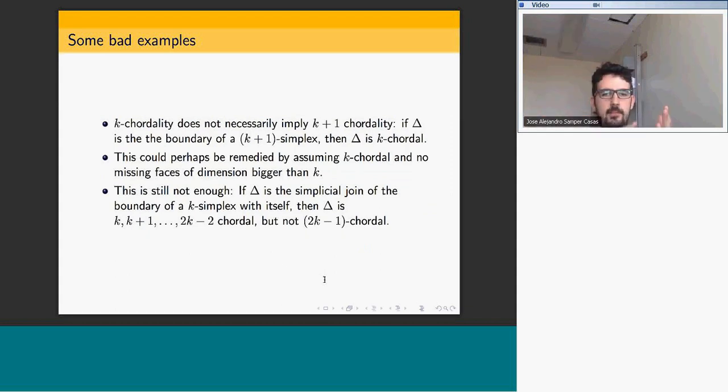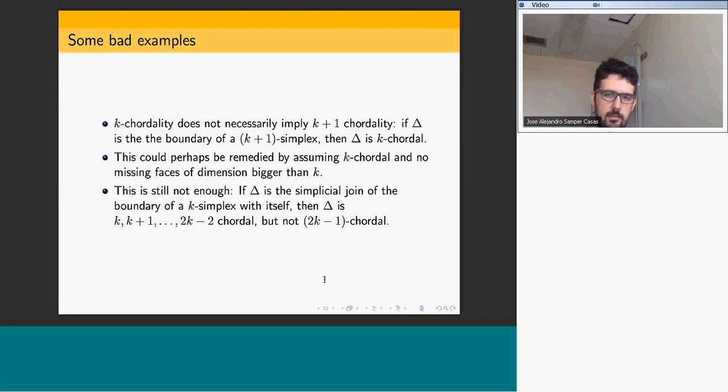So let's talk a little bit about what this means. Of the graph, one applies all kinds of chordality, a contractibility property. So chordality does not imply k plus 1 chordality.